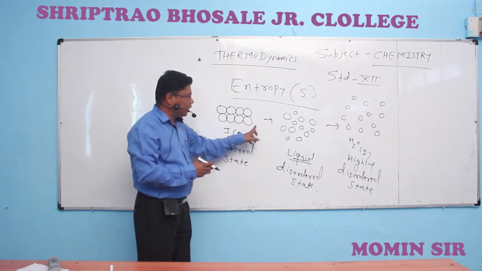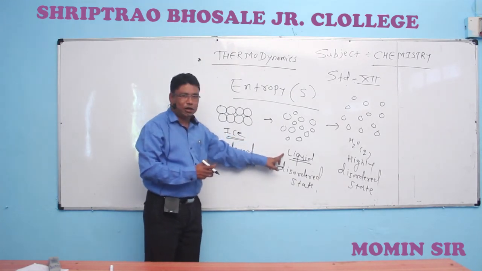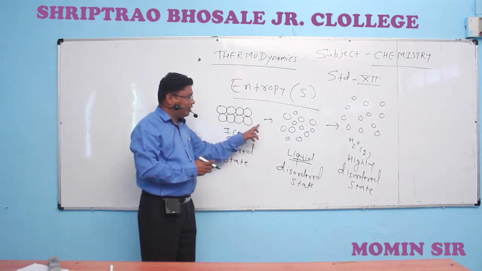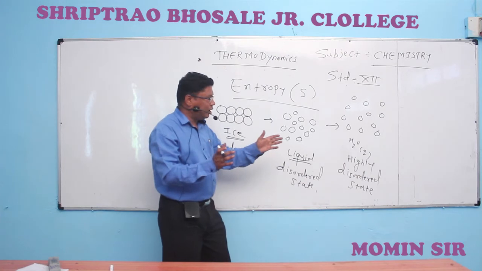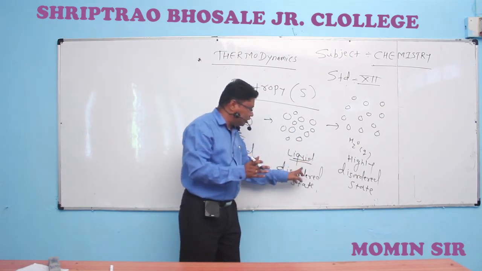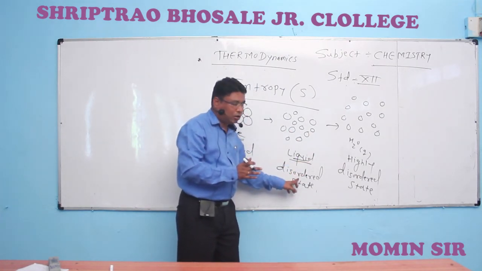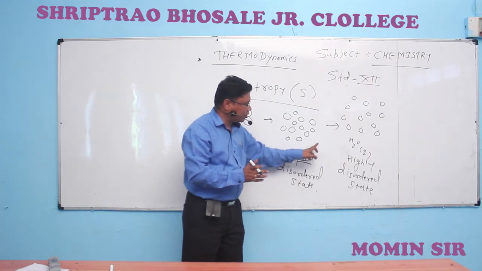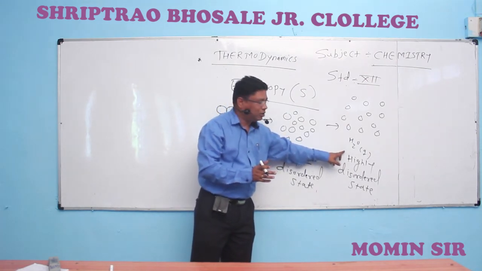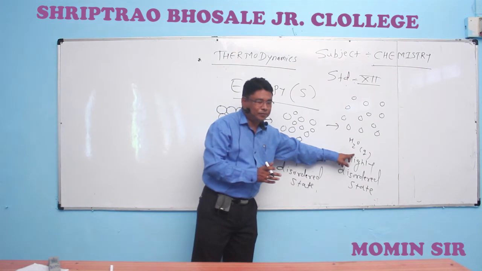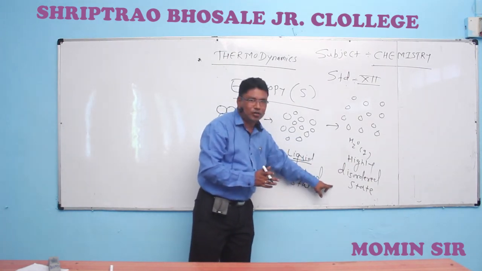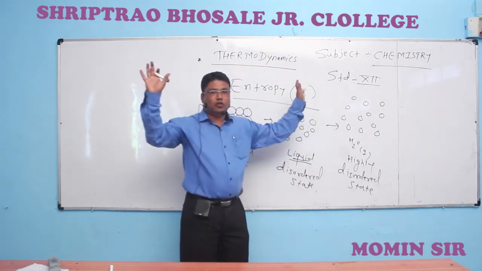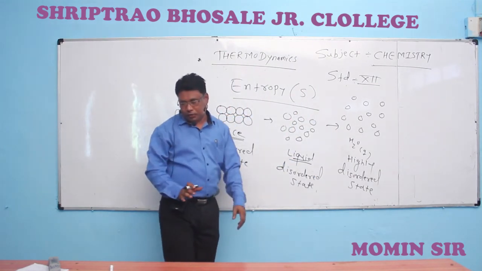When ice melts, it is converted into liquid, molecular attraction decreases, molecules are far away from each other, and that's why we call it a disordered state. But when liquid water is converted into water vapor, that is H2O gaseous state, the disordered state becomes a highly disordered state, means molecules are far away from each other.